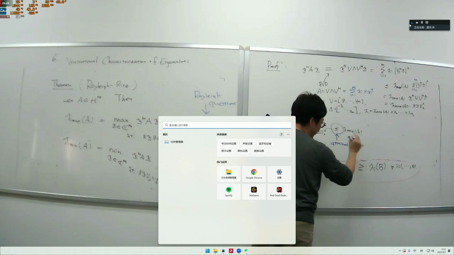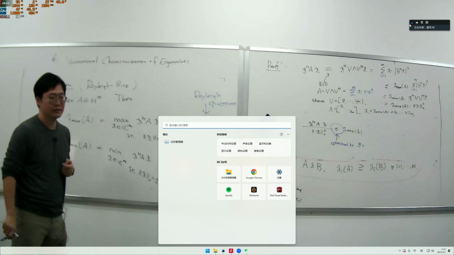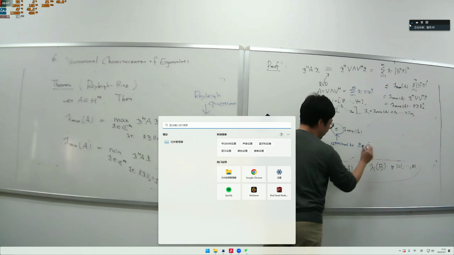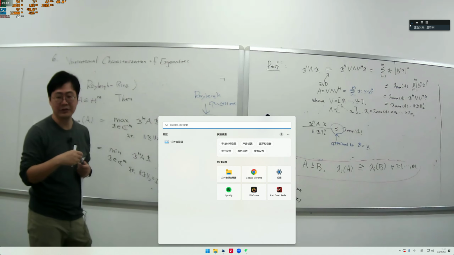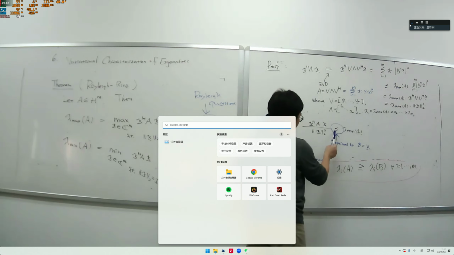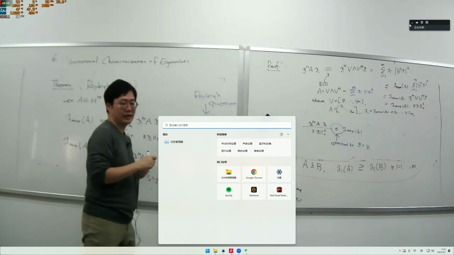This can be attained by which x? X is V1, right? X is an eigenvector associated with the largest eigenvalue.